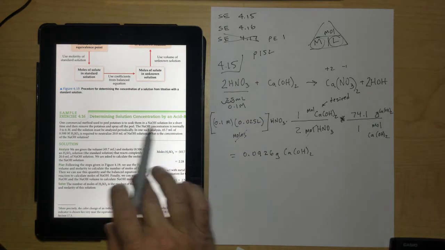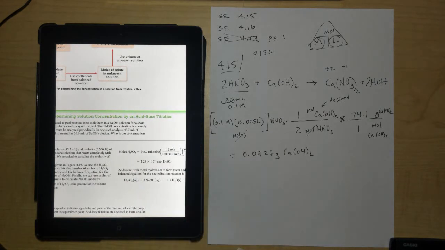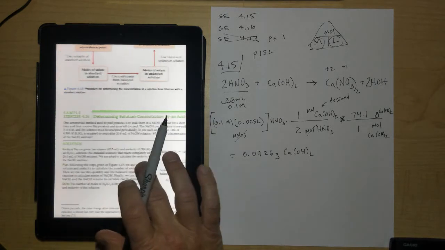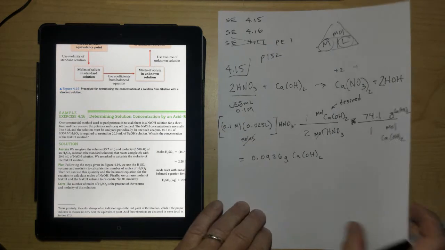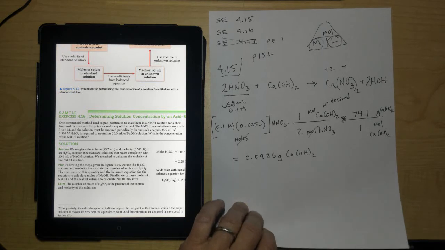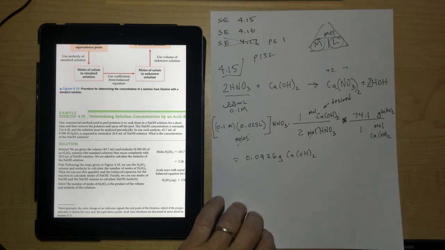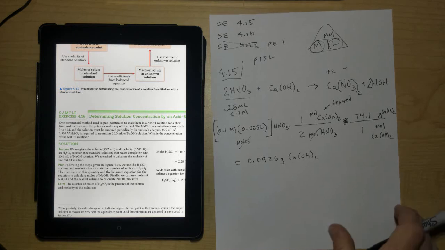This one is called a titration, and a titration is simply a way of determining an amount or a concentration of something by neutralizing it, or adding an opposite amount to the opposite species.